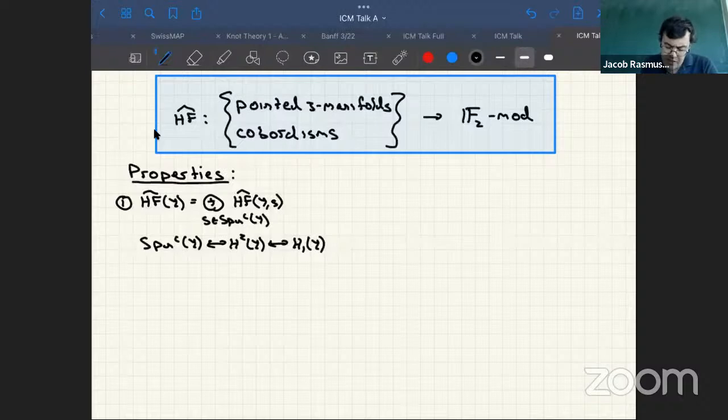Okay. So let me say a few words about the properties of this functor HF hat. One important property of HF hat is that it has a decomposition into spin^c structures.